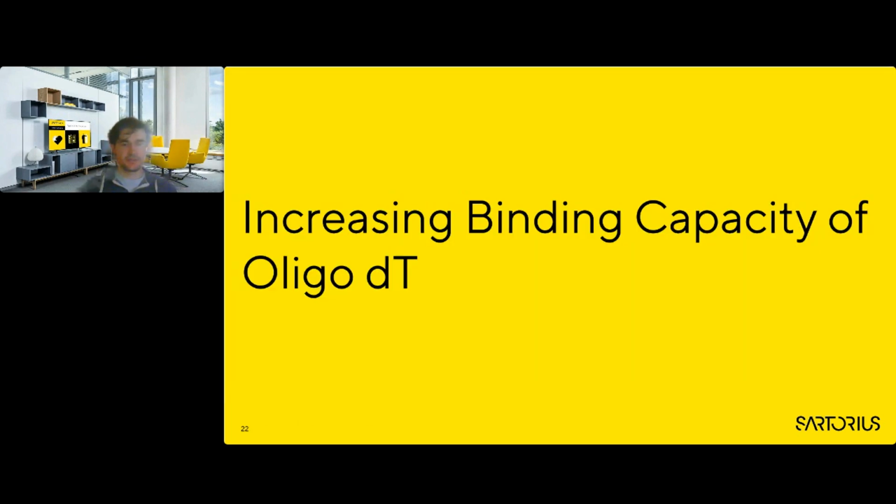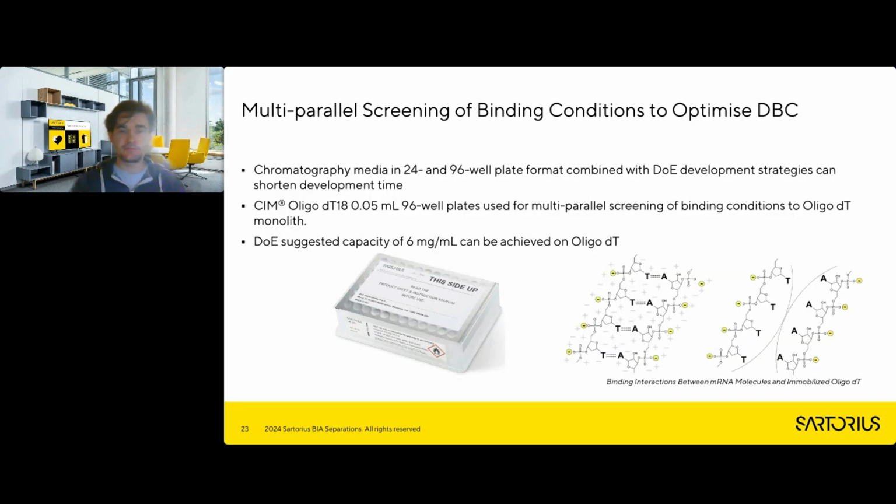We also did design of experiments to increase the binding capacity of our oligo-DT ligand. What we did was we took the oligo-DT 96 well plate, did the design of experiments, and screened different factors that could impact the binding capacity.